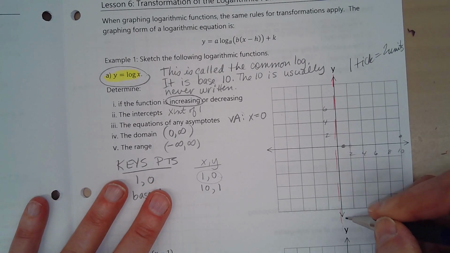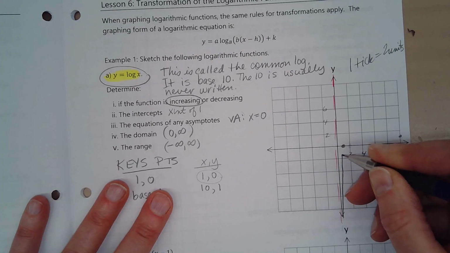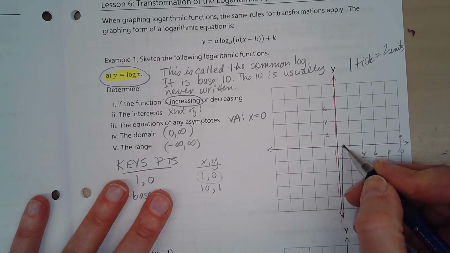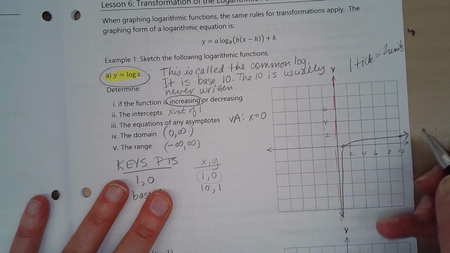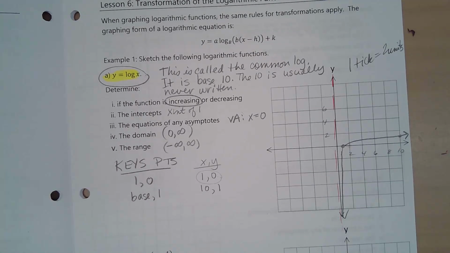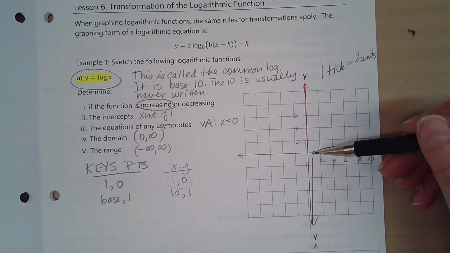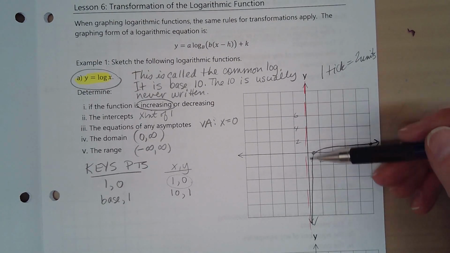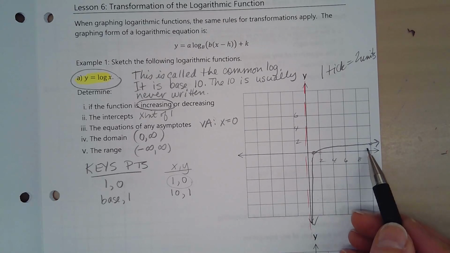And connect the dots in a nice smooth curve and show that it's increasing too somehow. It's a very shallow increase, but that's it. So let's see, increasing, intercept of 1, vertical asymptote, domain is 0 to infinity, range is all real numbers, because this is increasing.